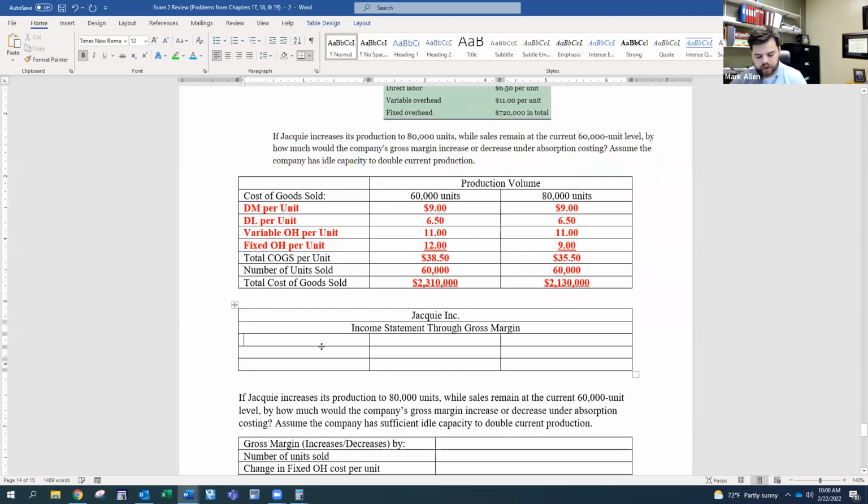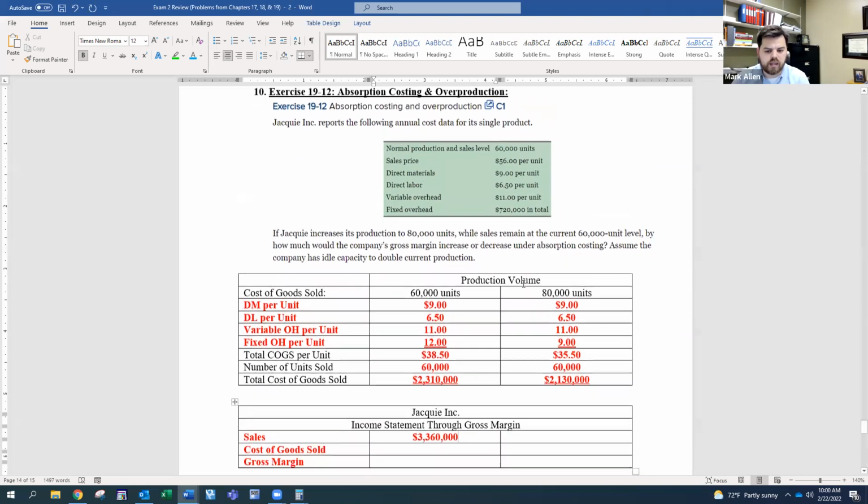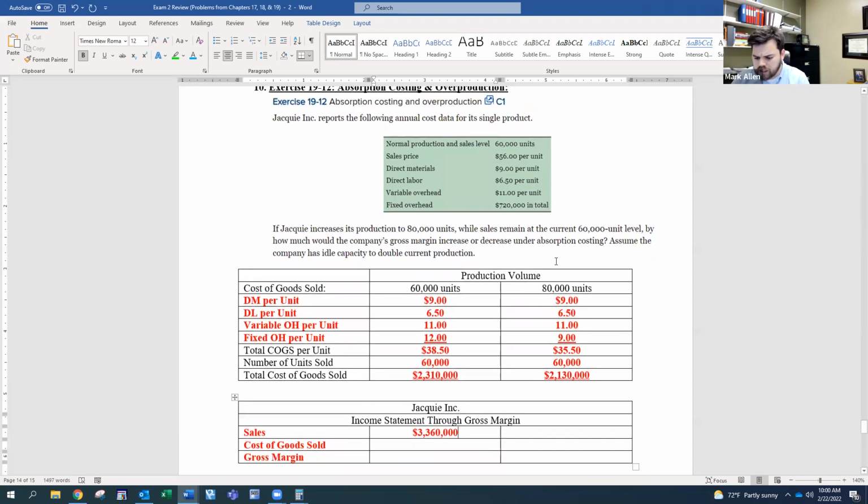So if we prepare our income statement through gross margin, sales less cost of goods sold will give us gross margin. In both cases, our sales number is $3,360,000.